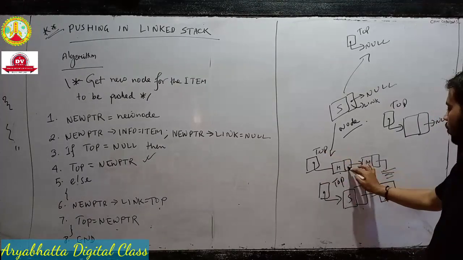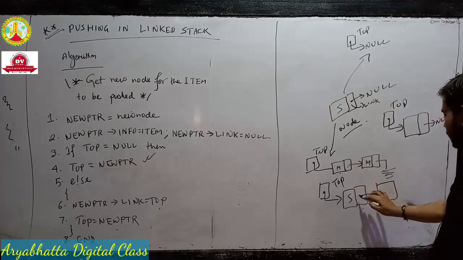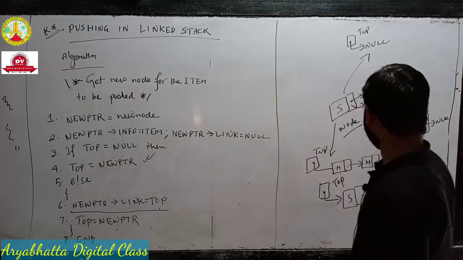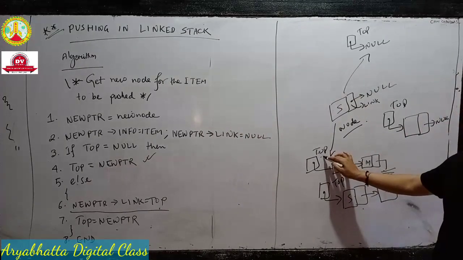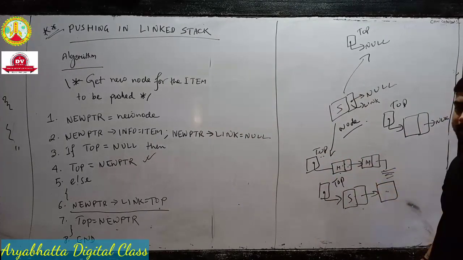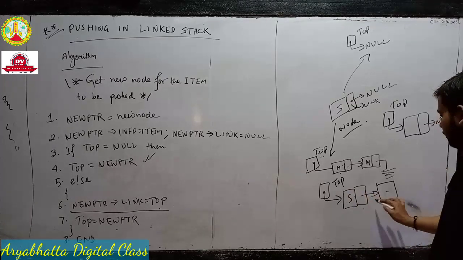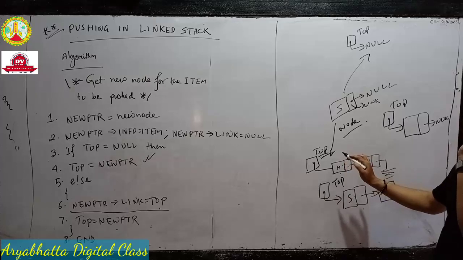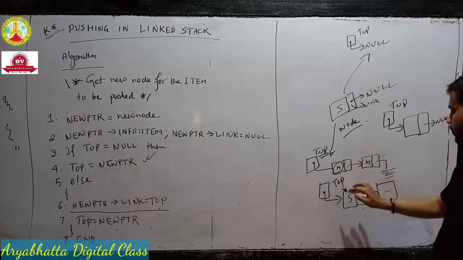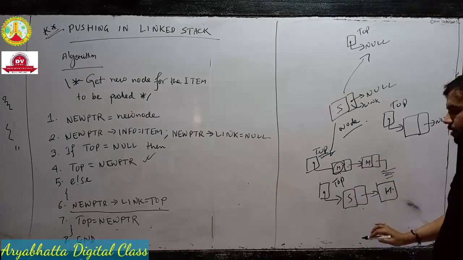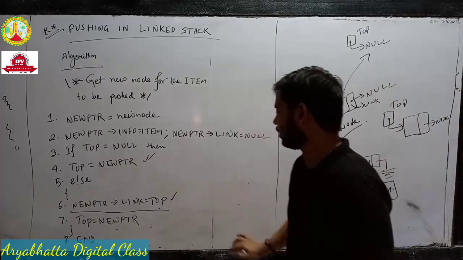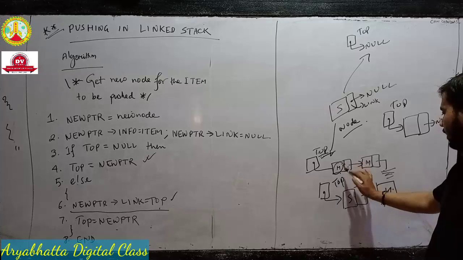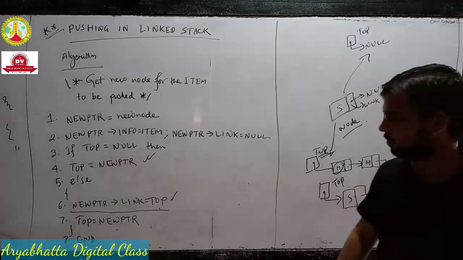Means initially top is pointing at H, now S is pointing at H, that's why this line is coming. New BTR link will be now top, means initial top. Initially top will be at the H. Now your S will be pointing at H. That's why new BTR link will be top, and your new top will change from H to S, means new BTR.